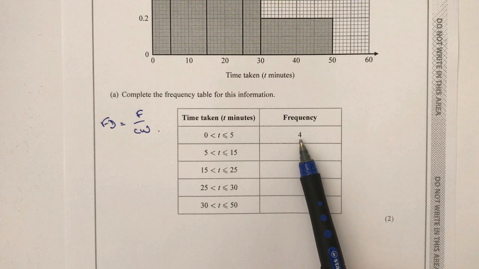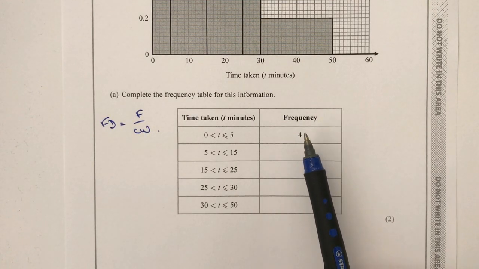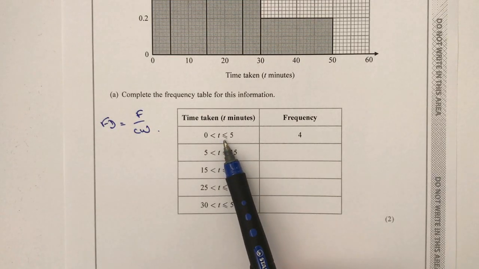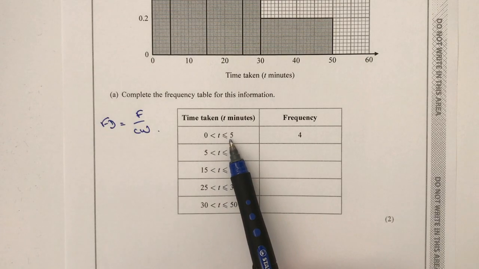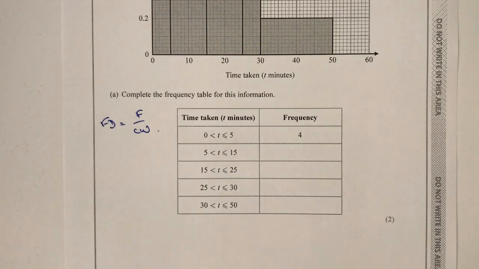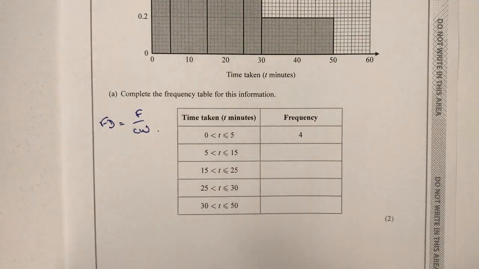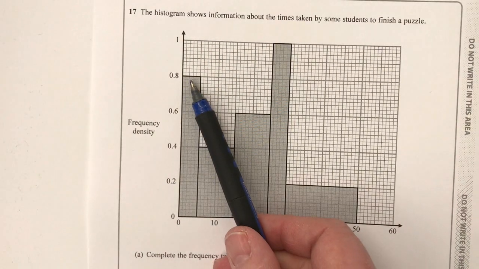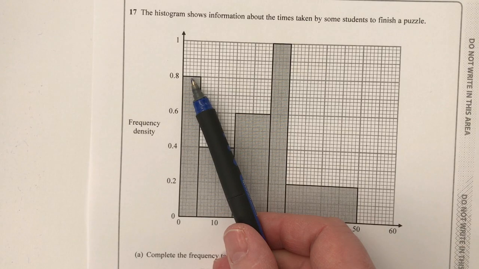So if we divide the frequency of 4 by the class width of 5, it gives us 4 over 5, which, if you go back to the diagram, is 0.8. Which is the first column.